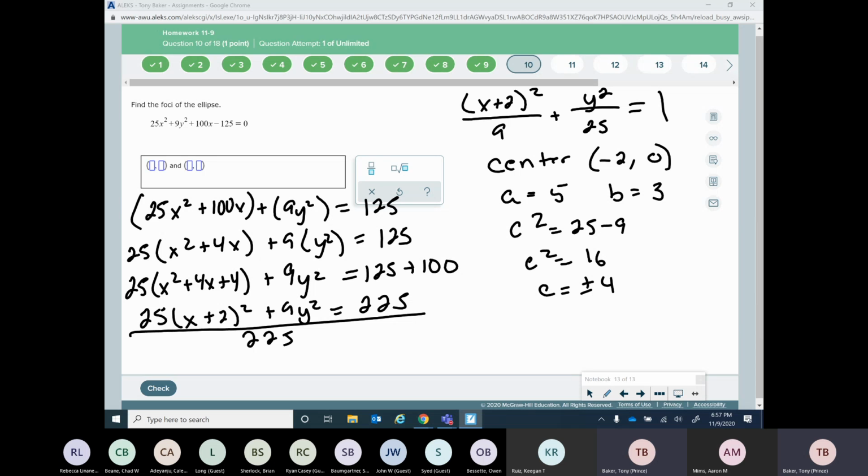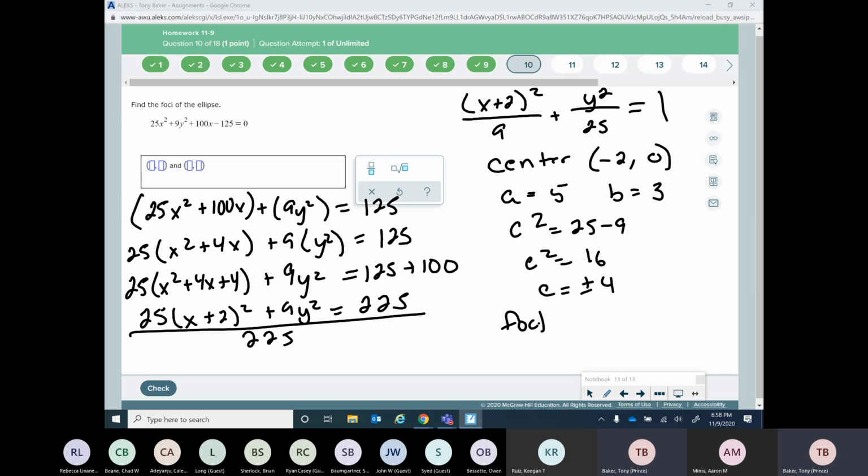So I take my center, and I do plus or minus 4. The key is which one are you doing it to, the X or the Y? And you're going to do it to wherever the A was. So in this case, since my A is under the Y, I'm doing it to the Y values.